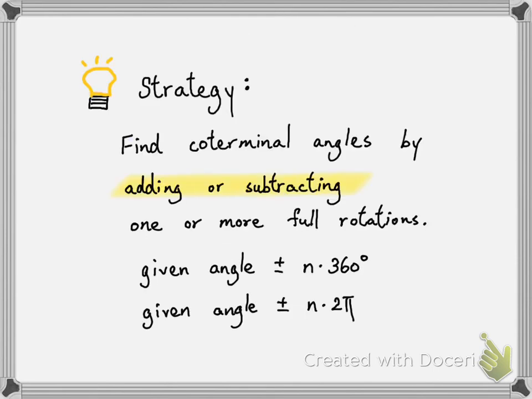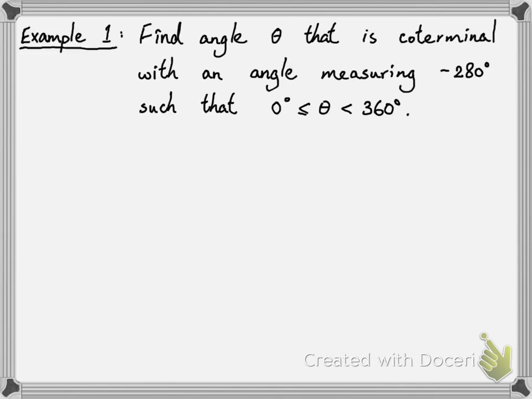The strategy to find the coterminal angles is to subtract or add one or more full rotations. In other words, we will have the given angle in degrees plus or minus n times 360 degrees. Or, if the given angle is in radians, we will have the given angle plus or minus n times the full rotation, 2 pi radians.